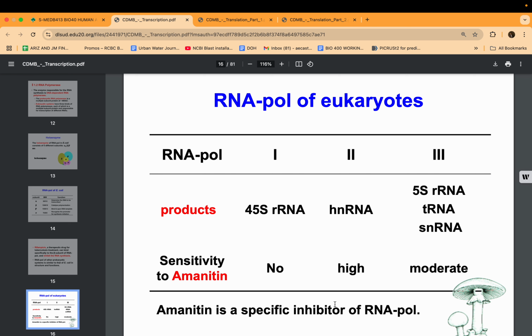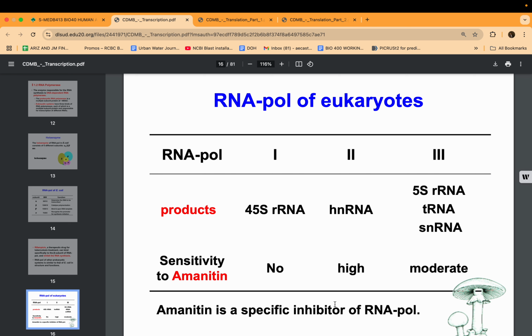RNA polymerase 1 transcribes ribosomal RNA, the 45S ribosomal RNA. RNA polymerase 2 is responsible for hnRNA transcription. RNA polymerase 3 for ribosomal RNA, transfer RNA, and snRNA, small nucleolar RNA.